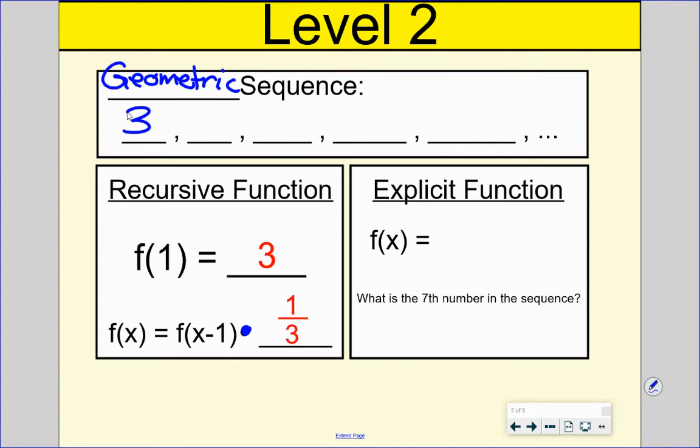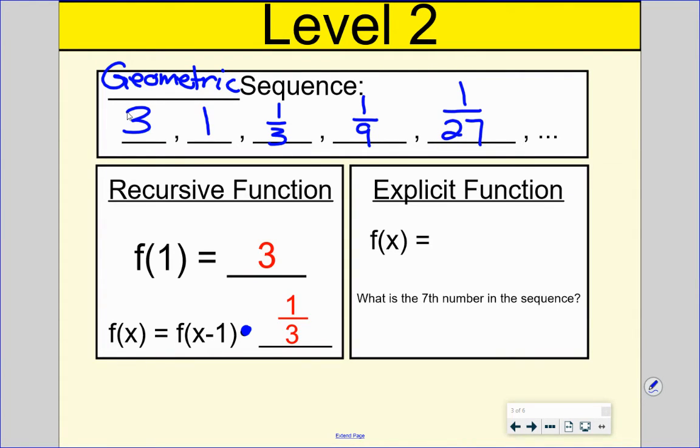So we can go ahead and list what our numbers in this sequence are. So 3 times 1/3 is 1. 1 times 1/3 is 1/3. 1/3 times 1/3 is 1/9. And 1/9 times 1/3 is 1/27.